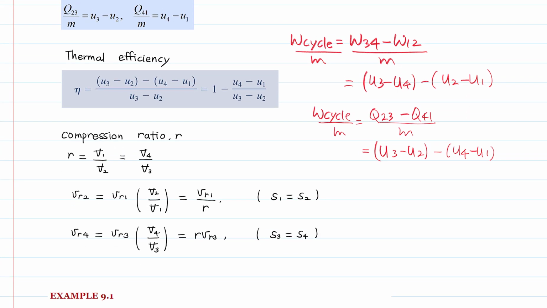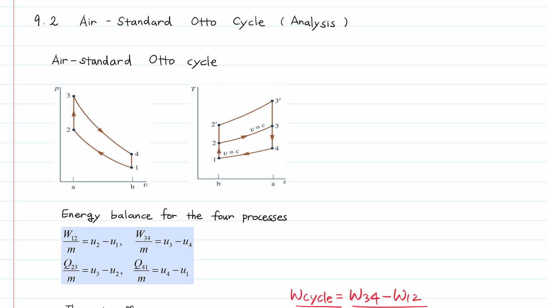We define the compression ratio r, which is V1 over V2, or V4 over V3. See the PV diagram. The volume here is V1, V4, so V1 equals V4. Volume here is V2, V3, so V2 equals V3.